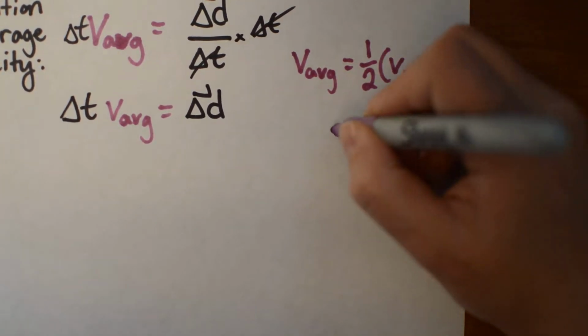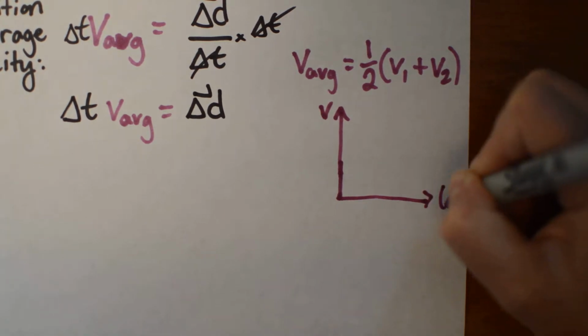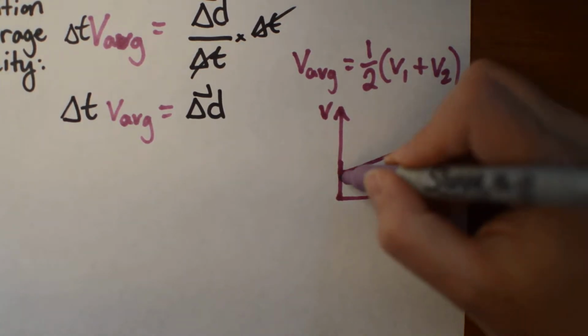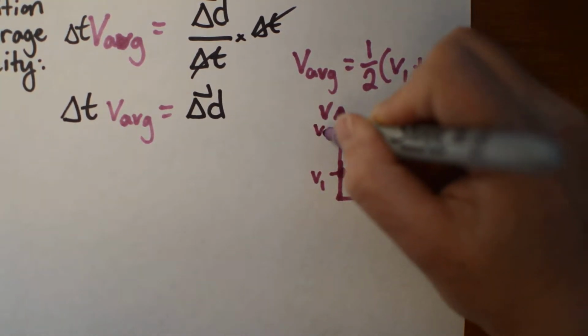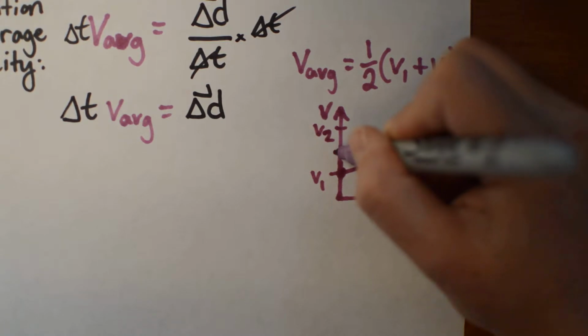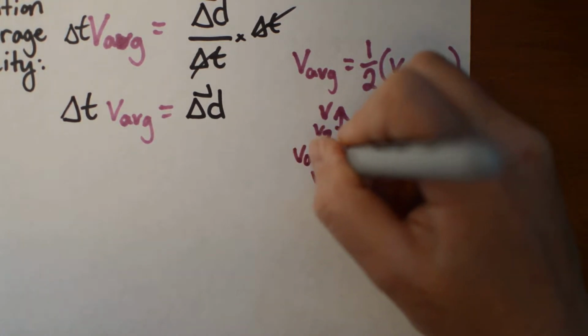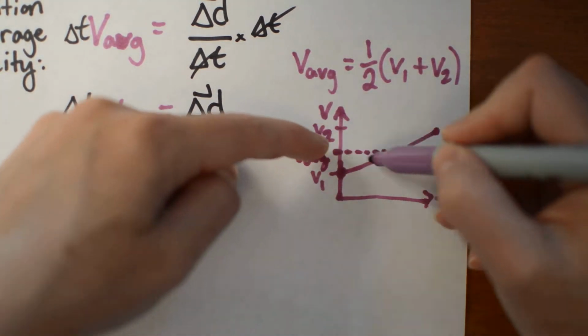You can kind of picture it on a graph. Here's a velocity versus time graph. Maybe here's a changing velocity, so that's a constant acceleration. You start with some v1, you reach some final v2, and what you want to know is, what's the average? What's that middle line, v average? We don't want to know the change in velocity, we don't want to know how far we've gone, we just want to know what the middle is.